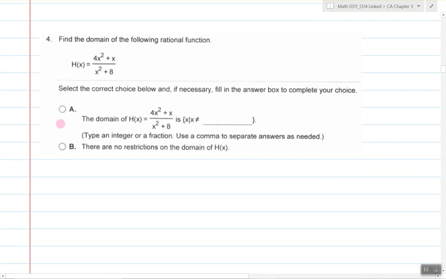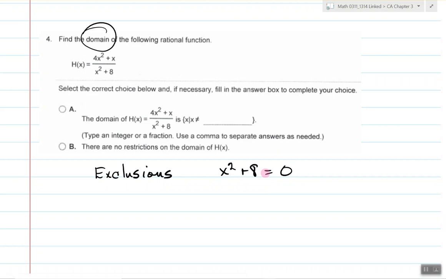The fourth one, I'm still asked to find the domain, so I'm looking for the exclusions. I have x squared plus 8 equals 0. That's the denominator. Set it equal to 0. This not only is not factorable in the real numbers, it's not factorable in the rational numbers. Do you remember that the sum of a square plus something cannot be factored?